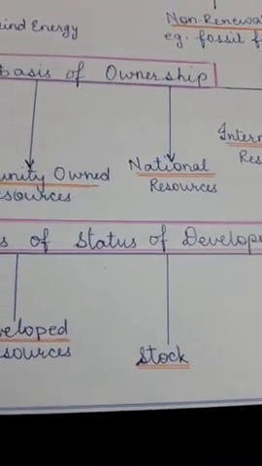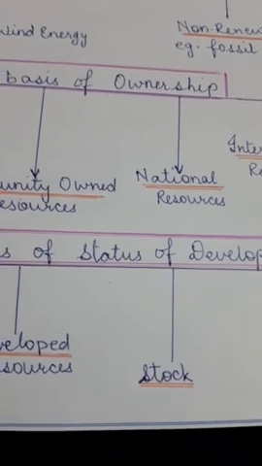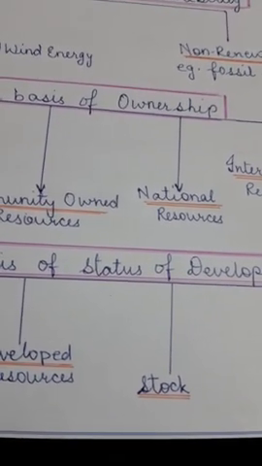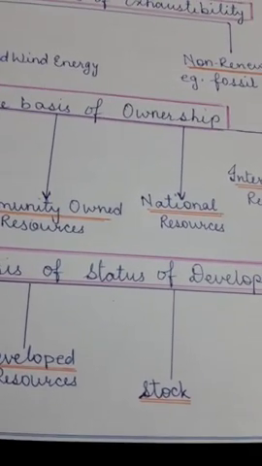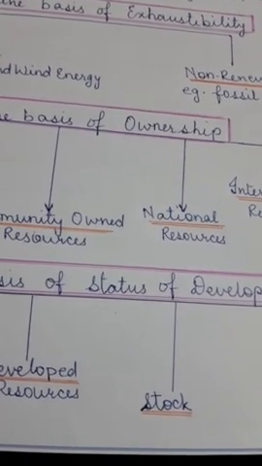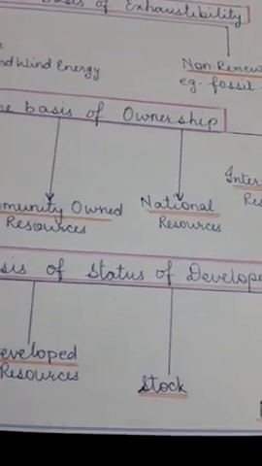Then we have stock. Stock are those resources which are found, but they cannot be used with the technology that is available to us right now. For example, water. We know that water is composed of two gases, hydrogen and oxygen. And both of them are great sources of energy.